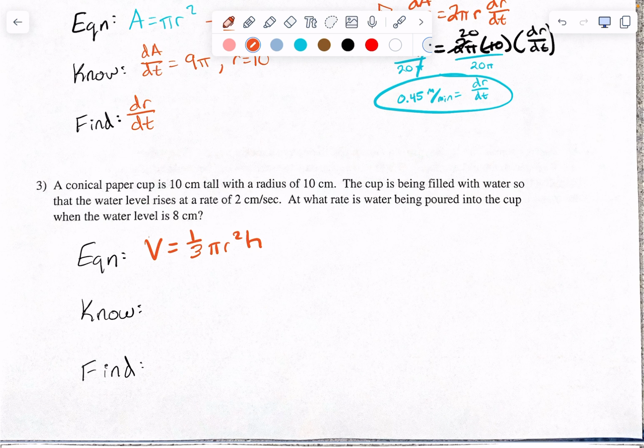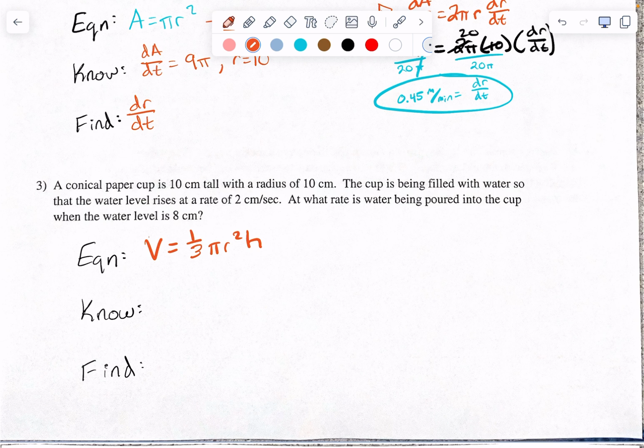Why'd you send us off on this one? Water height dh/dt. The rate is the water volume it took up when the water level is 80 centimeters. So we're solving for dV/dt.